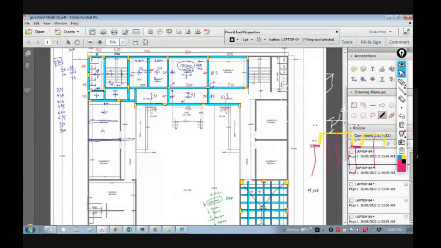So this is overall planning, and please try to develop a thought in these directions. I would be happy if you can do such kind of plans.